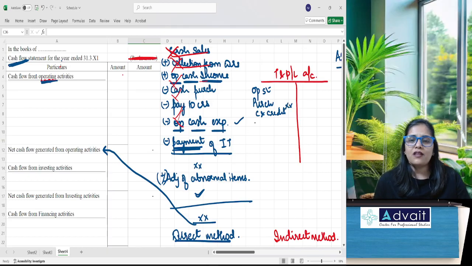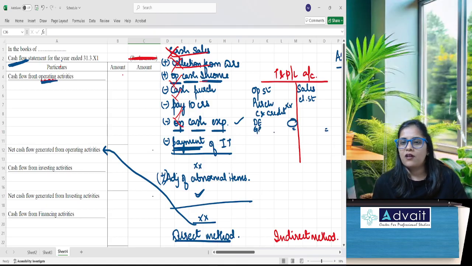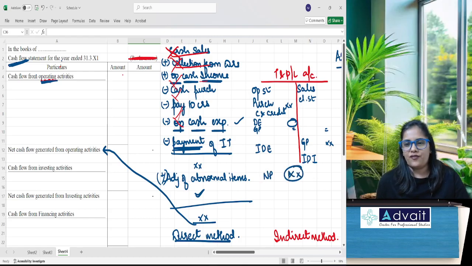Then we have direct expenses. Then we have sales, which will include again cash and credit. Then we have closing stock. GP will be the balancing figure, then you have indirect incomes, indirect expenses, and then whatever you calculate will be called net profit.